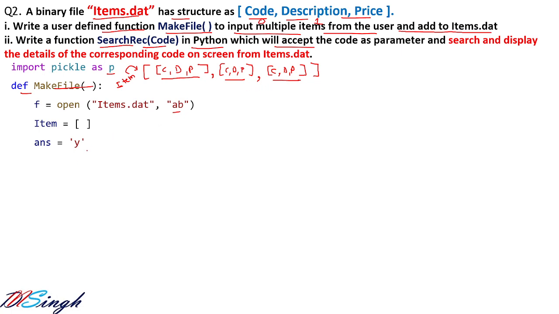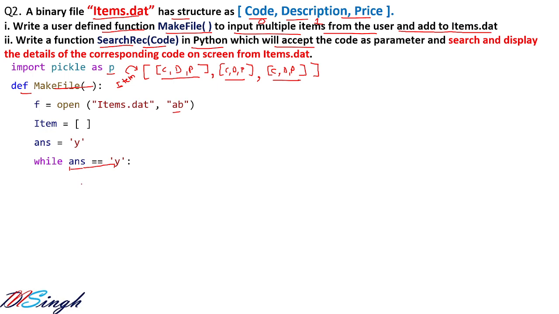So that as long as you say y, again and again you are going to be prompted to enter the code, description, and price. We will run a while loop where the condition is that while this variable answer holds the value y, it is going to be true. So this condition will only be false when this answer variable has something other than y.